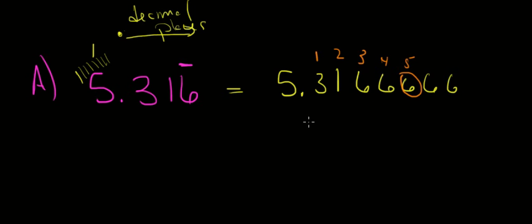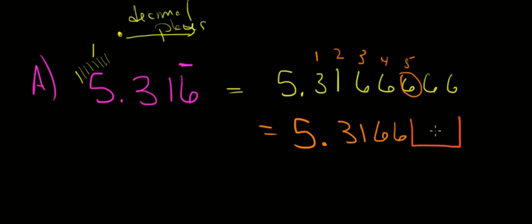So this is going to equal 5.31, that's 1, 2, 3, 4. This fifth number, this missing number, has got to be rounded either up or stays the same. I see that it's going to be a 6 again, obviously, because the 6 is repeating.